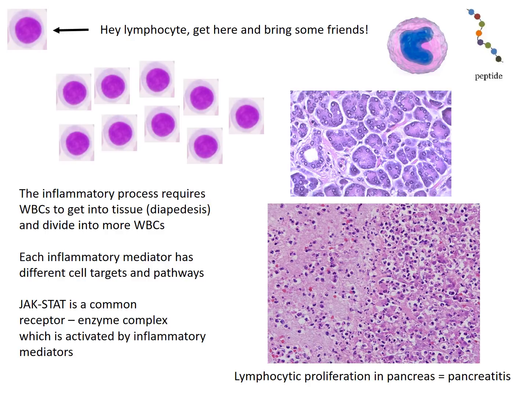We'll talk about anti-inflammatory drugs in a minute or two here, and we're going to see that some of those anti-inflammatory drugs affect JAK-STAT. Some crazy terminology, but just think of it: I got to activate white blood cells to begin an inflammatory process. I can do that in a number of ways. One important way to activate those white blood cells is through something called the JAK-STAT pathway.